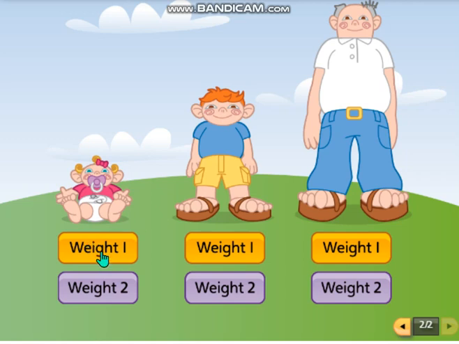Okay, so baby giant's weight is 20 kilograms. If we multiply it by 2, that would be her brother's weight, which is 40 kilograms. Now it's the same thing as doubling. So double of 20 is 40 kilograms.